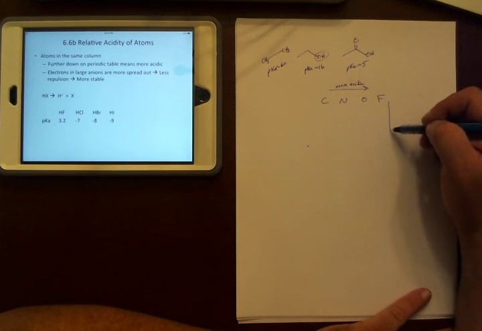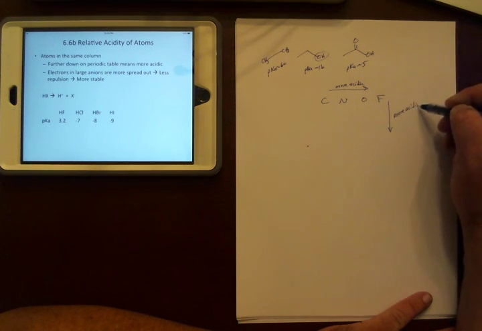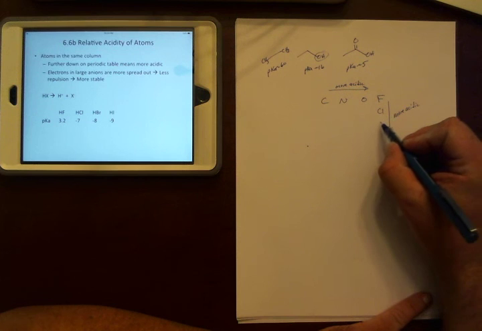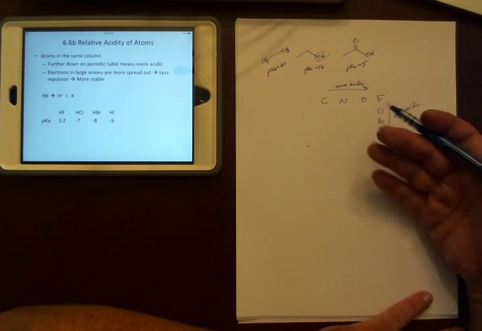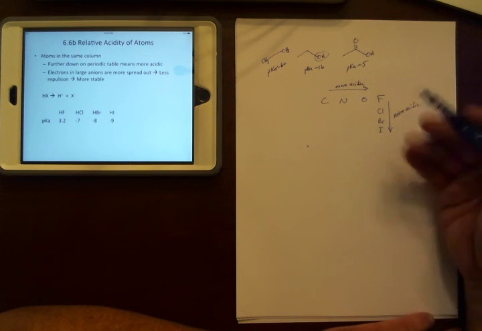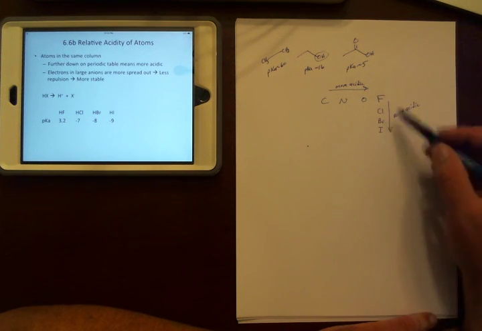However, the farther you go down a column, you're also going to get more acidic. Here's fluorine, chlorine, bromine, iodine. The closer the atom is to iodine on the periodic table, the more acidic it's going to be.